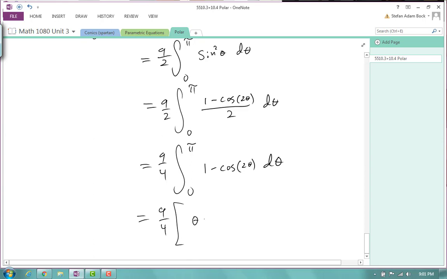That's theta minus sine of 2 theta over 2, from 0 to pi.